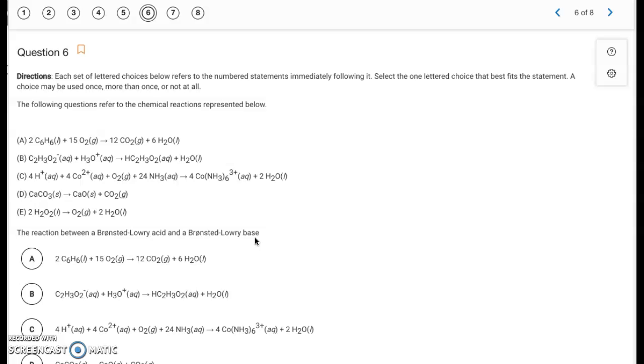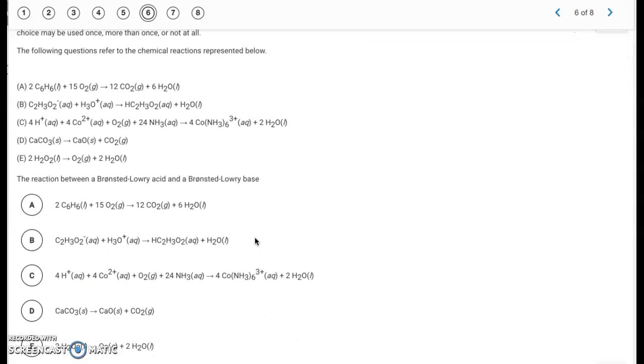So you want to look for a reaction where we're seeing a hydrogen ion transferred from one reactant to the other. And that's this one right here, where if you compare the reactants to the products, there's a hydrogen ion transferred from this H3O+ to the C2H3O2- ion. So that's the acid-base reaction, so it's going to be letter B.